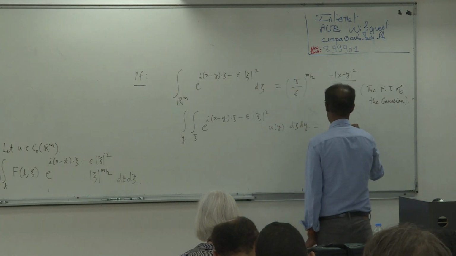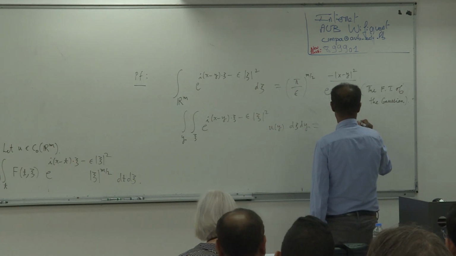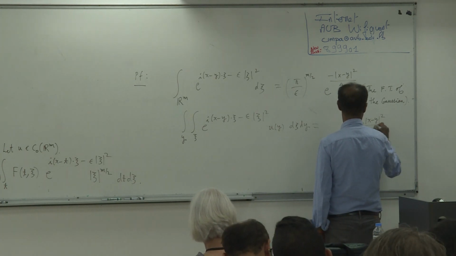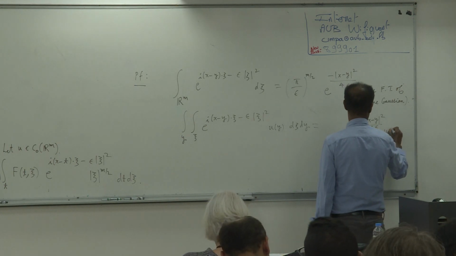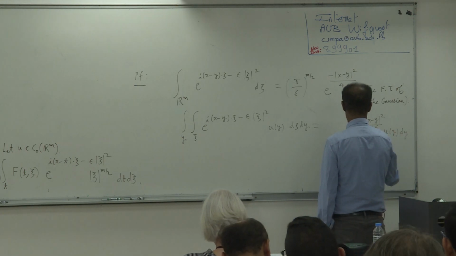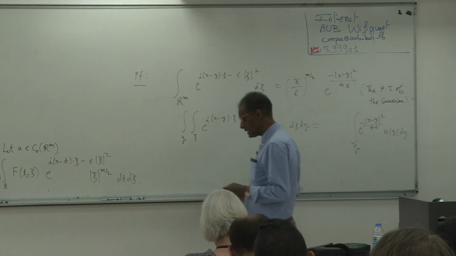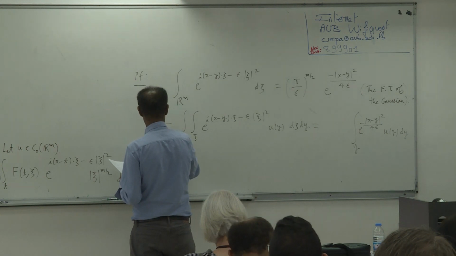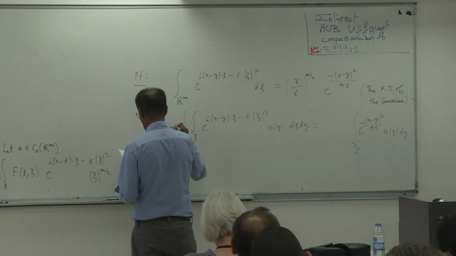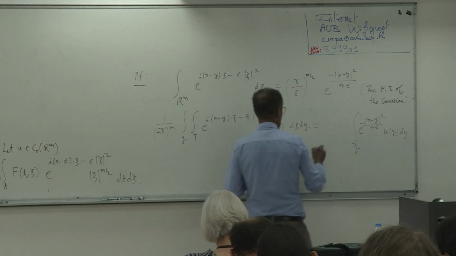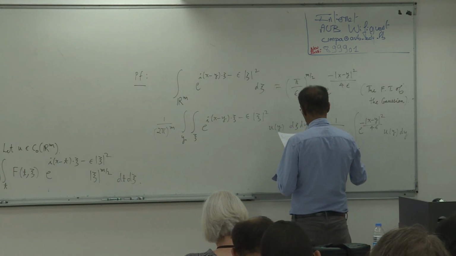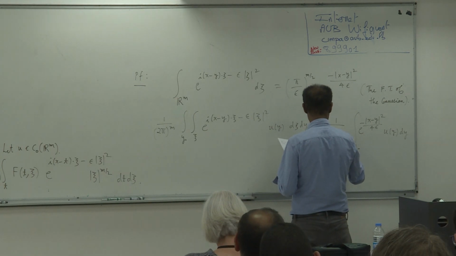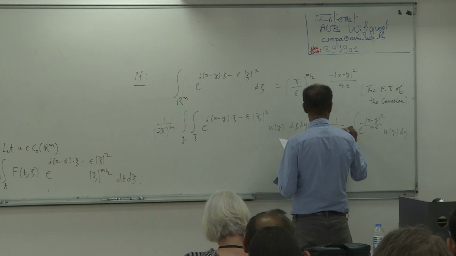So I multiply this by u(y) also, and integrate in y, and then there are some constants: 1 over (2 pi)^m. And here the constant becomes 1 over 2^m pi times epsilon to the power of m over 2.